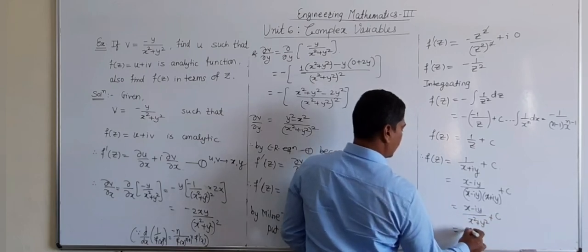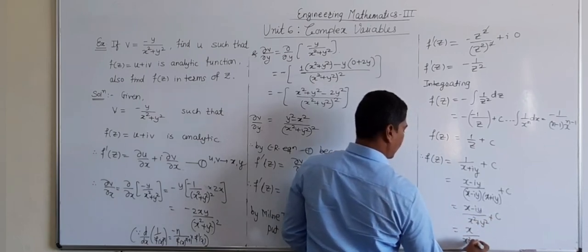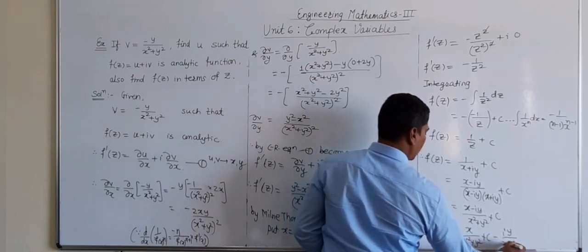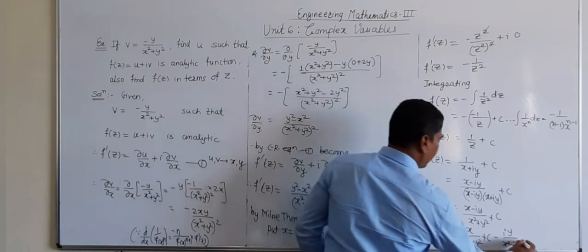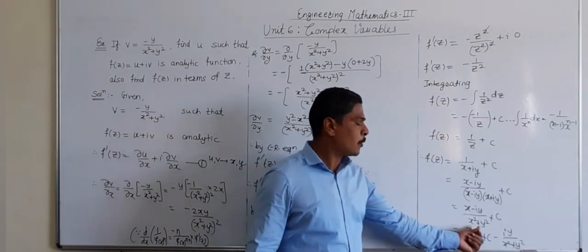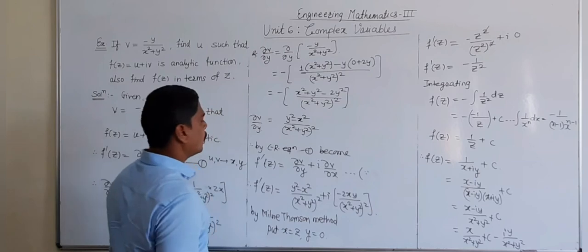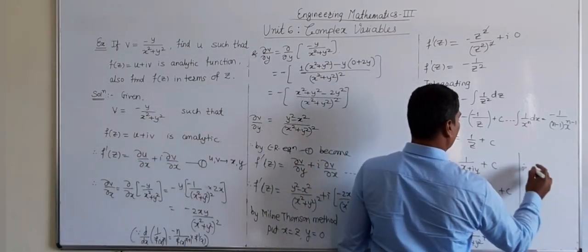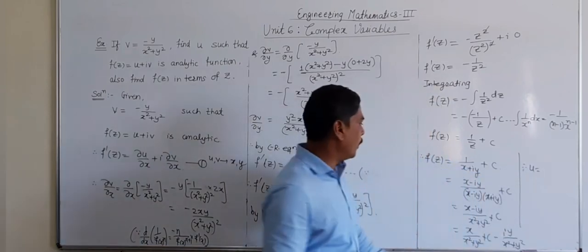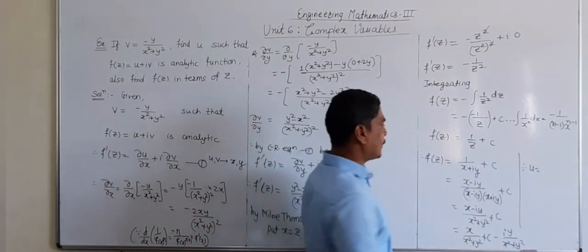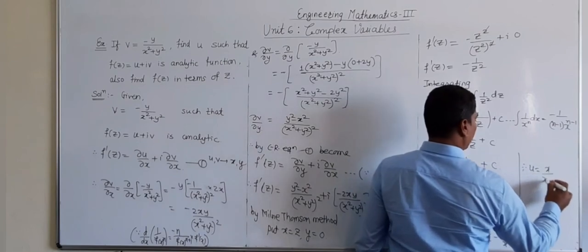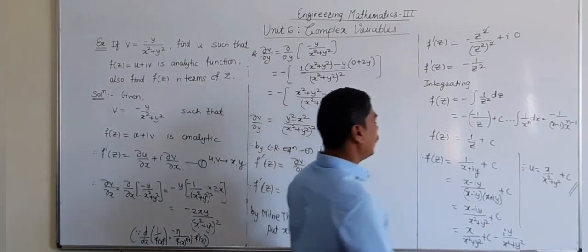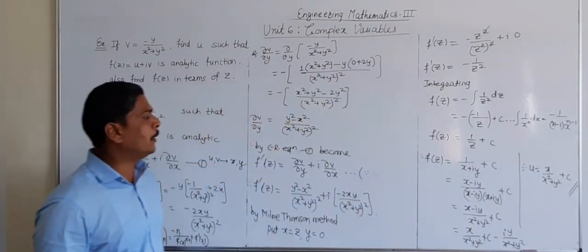By dividing separately by x square plus y square we get x upon x square plus y square plus c minus iy divided by x square plus y square. Therefore u is the real part of f of z, which is x divided by x square plus y square plus constant c. So in that way we can find u also very easily.